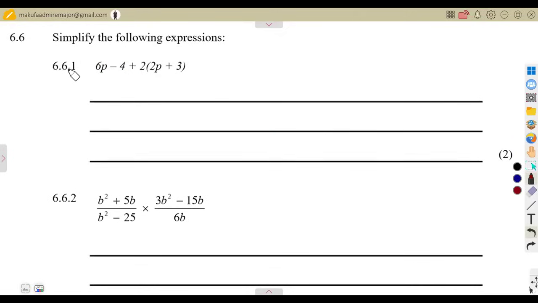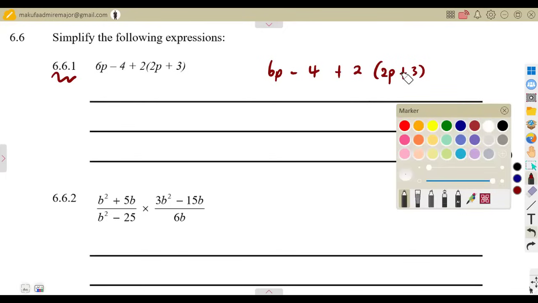Simplify the following expression. On 6.6.1, we are given this expression where we've got a 6p minus 4 plus 2 into the bracket of 2p plus 3. So how can we simplify this? If we check, there is a bracket, and just outside of the bracket there's a number, and that number is going to affect that bracket that we're given.